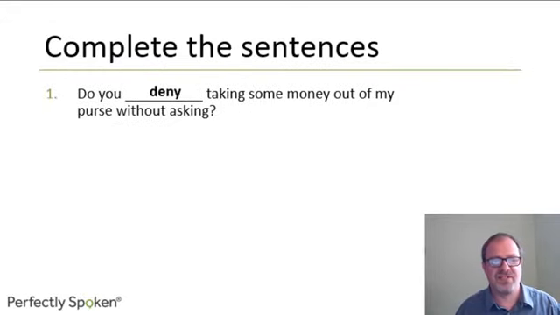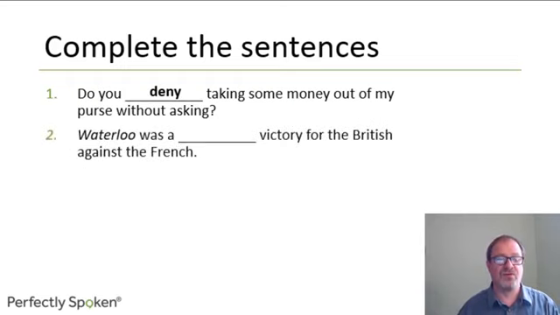So here are some sentences. Here's an example. Do you deny taking some money out of my purse without asking? Do you deny? Meaning, say I didn't do it, not admit to it. So let's have a look at some more and see if you can complete the sentences. Waterloo in 1815 was a something victory for the British against the French.